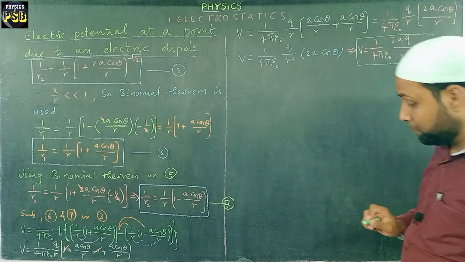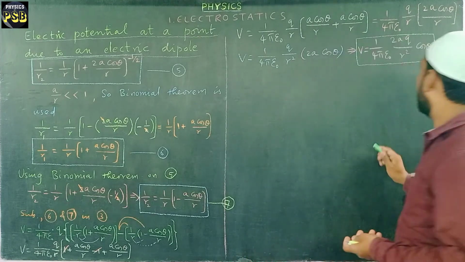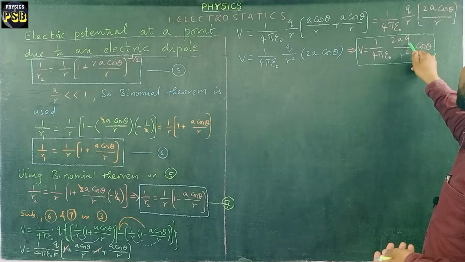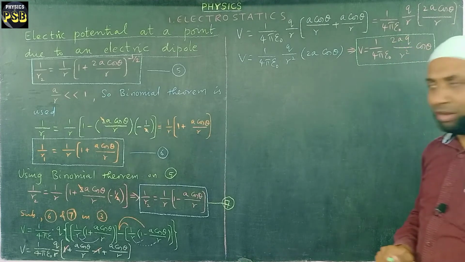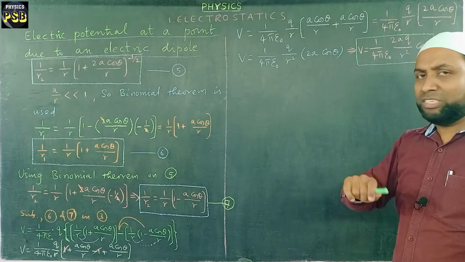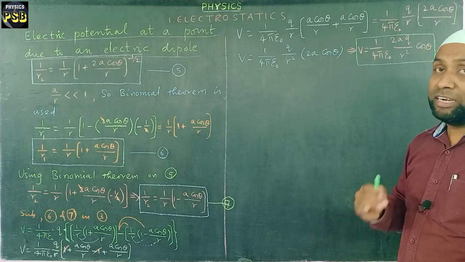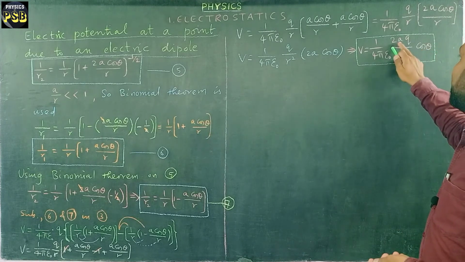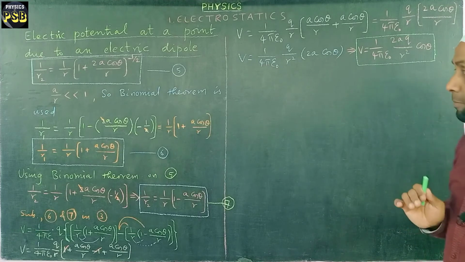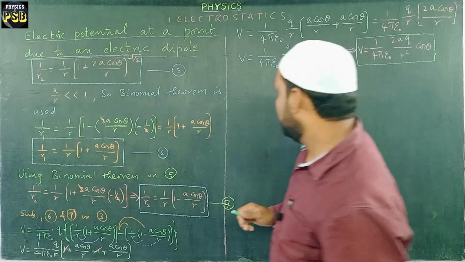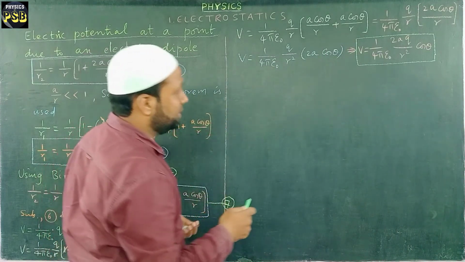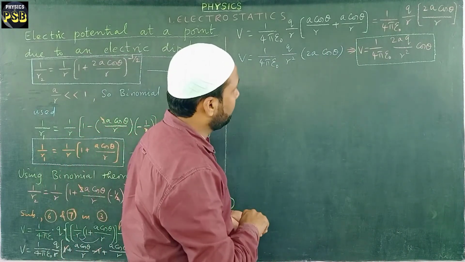Now we know the magnitude of charge when multiplied with the distance between the charges that constitute the electric dipole provides us the electric dipole moment. So 2aq is nothing but P, electric dipole moment. So I read it this way.